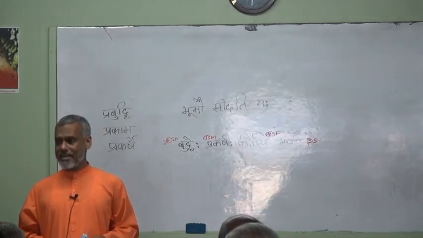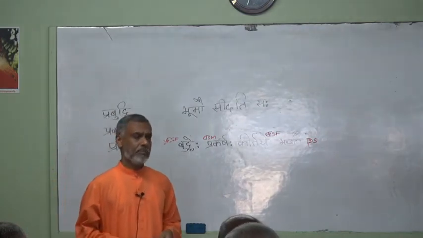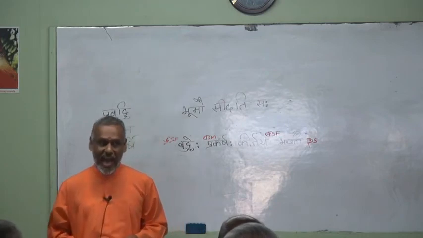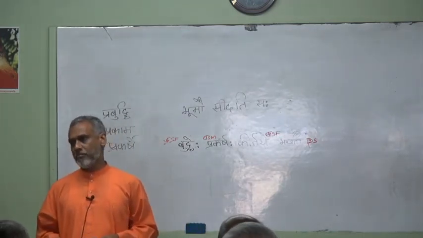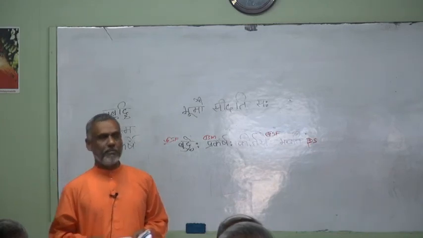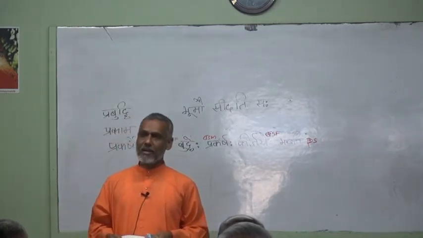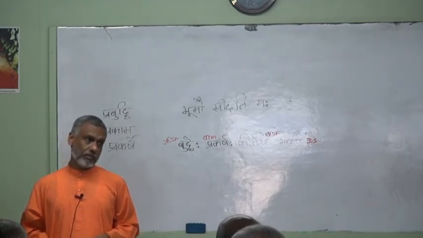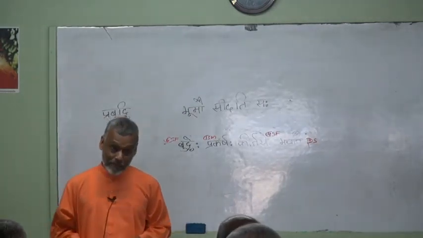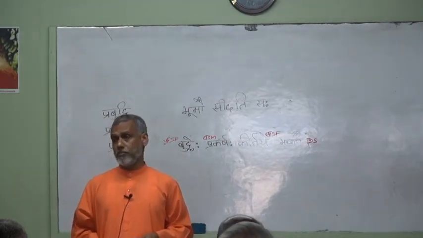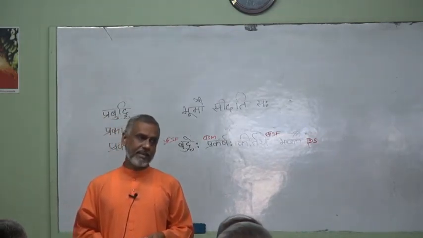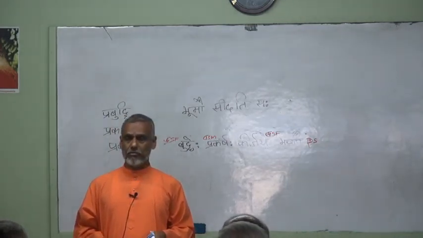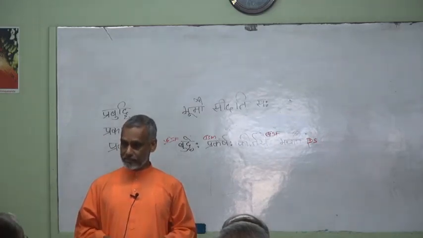Matyai. Matibhyam. Matibhyaha. Mateh. Matyaha. Matinam. Matau. Matyam. Matishu. He mate. He mati. He matayaha. You have to go on saying it and go on writing it.